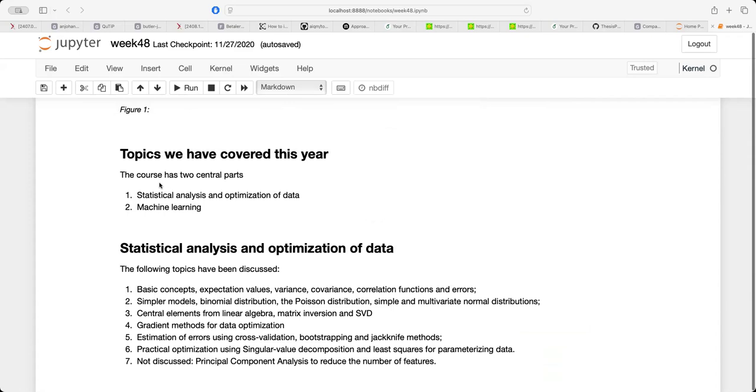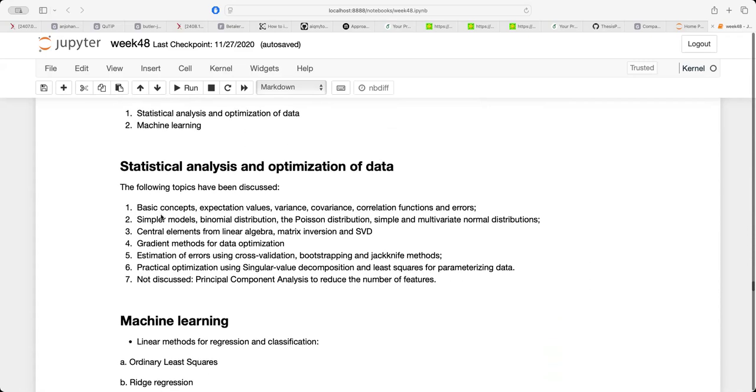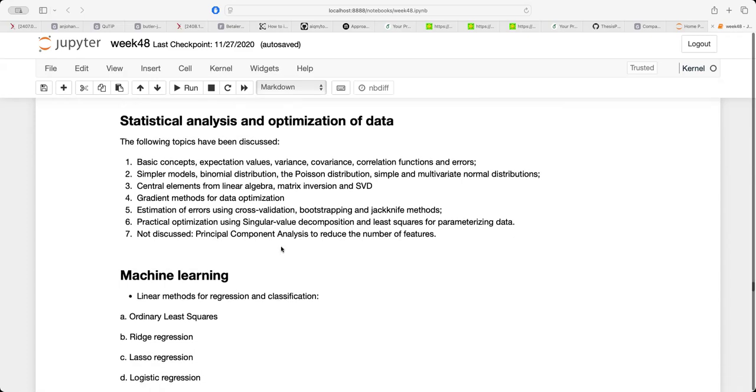Although this has not been the main focus, obviously we cannot avoid optimization. And then we've looked at machine learning methods, and we've gone through some basic concepts here. We've gone through gradient methods for data optimization. We have used the estimation of errors with cross-validation and bootstrapping.